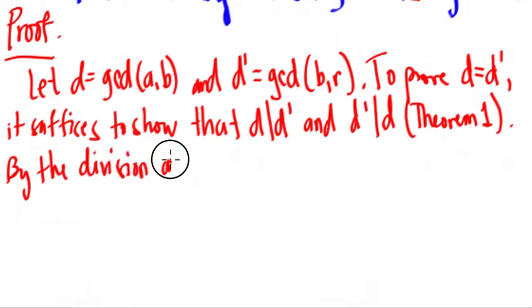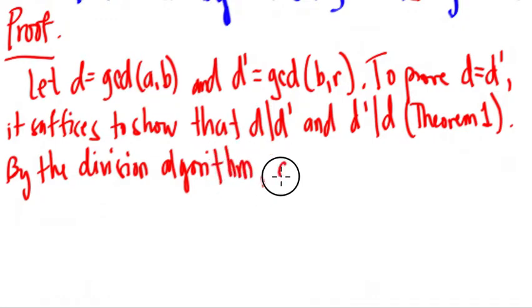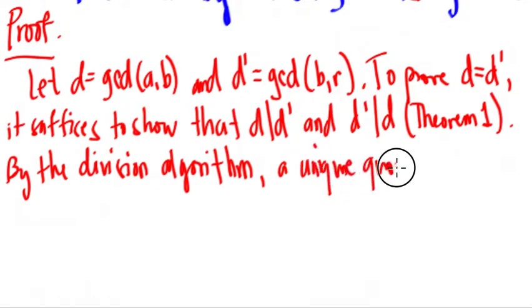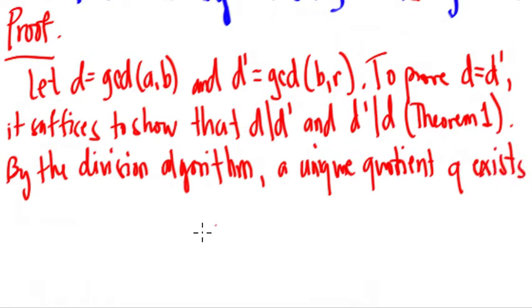So by the division algorithm, a unique quotient q exists such that a equals b times q plus r.